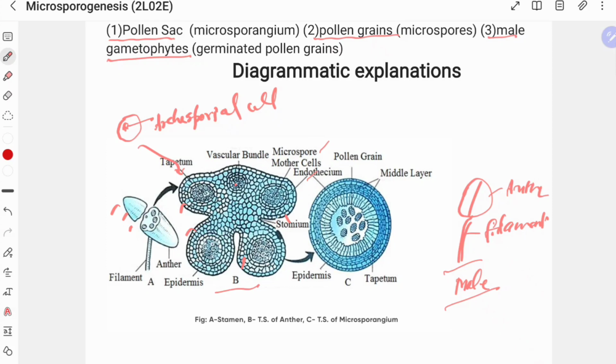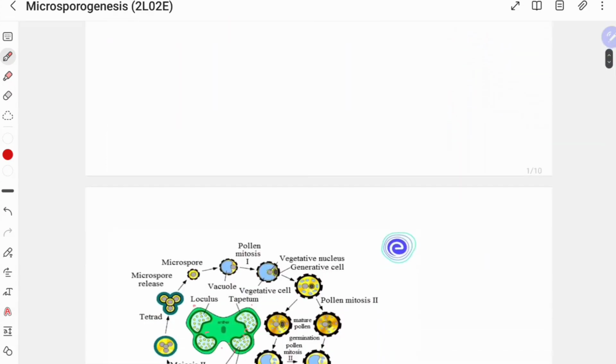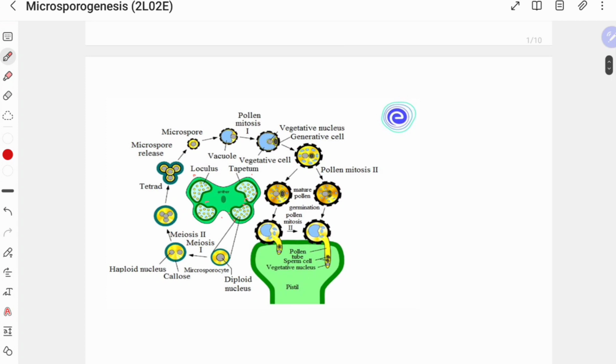Then in the next, here is the overall picture of how the pollen sac, microsporangium, and male gametophytes are formed.